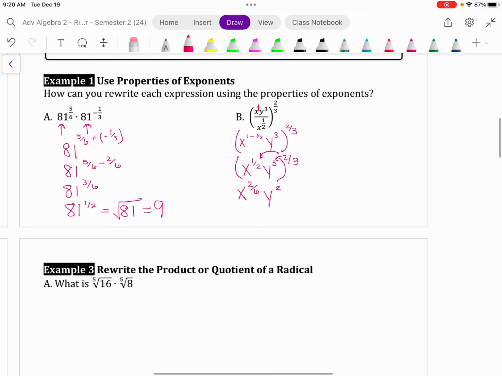This becomes x to the 1/3 y squared, which becomes the cube root of x times y squared. Oftentimes we like to put the y squared in front.